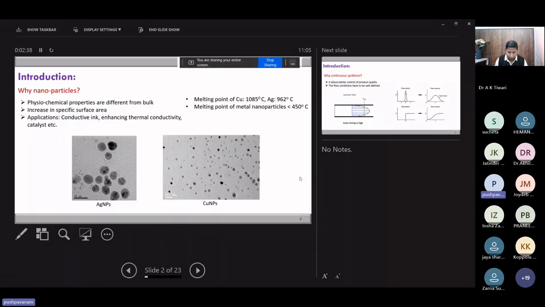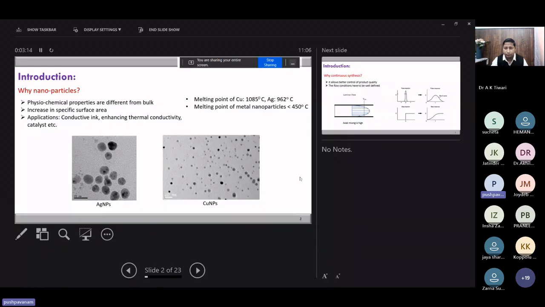The reason why you want to go for nanoparticles is because the physical properties and the chemical properties at the nanoscale are completely different from what you get at the bulk. And the specific surface area, the surface area per unit volume, is very high for nanoparticles. For a spherical particle it scales as 1 by R. So R is less, the surface area per unit volume becomes large.